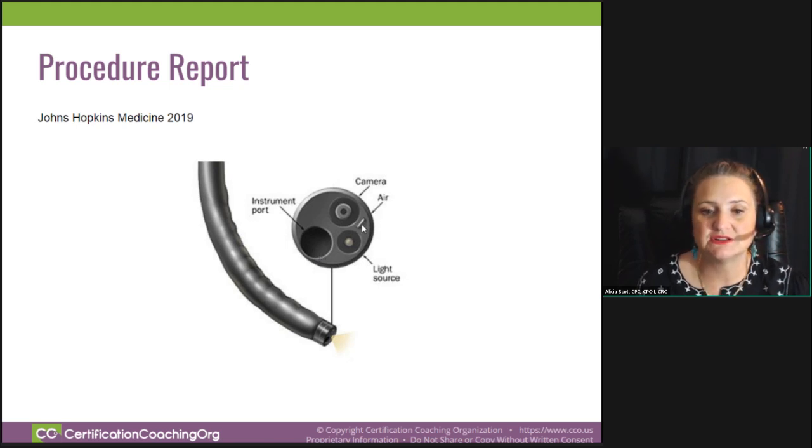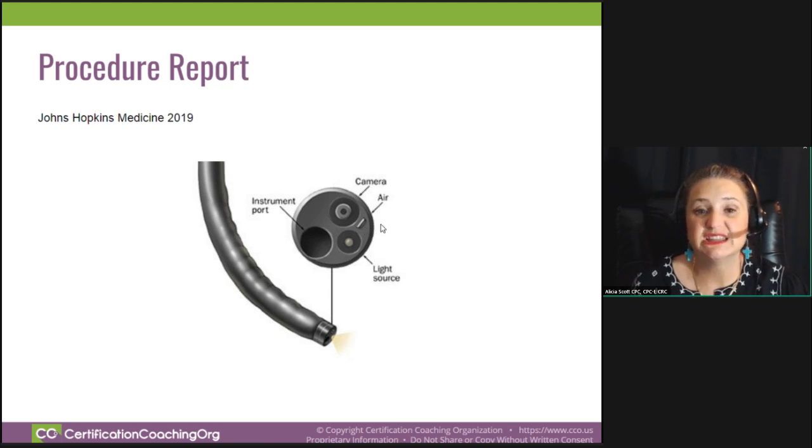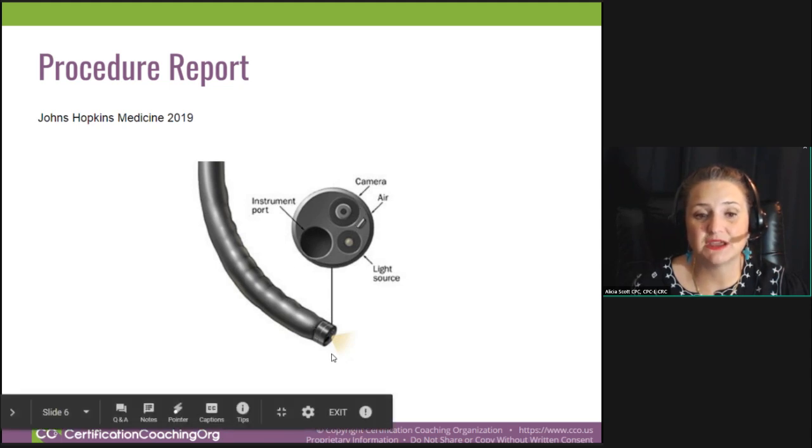And then notice this little dash right here, that's actually air. So sometimes they'll put a little air in there to puff it up just enough to then get a good view of what they want to see, or if there's any liquid in there, they kind of push it out of the way. So actually several things can run through this little endoscopic flexible tube.